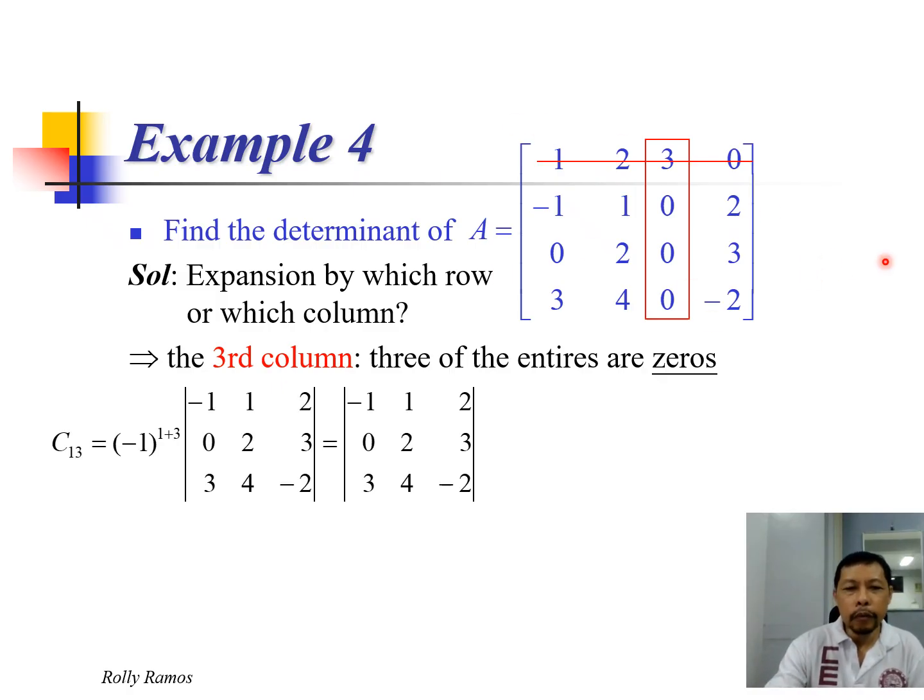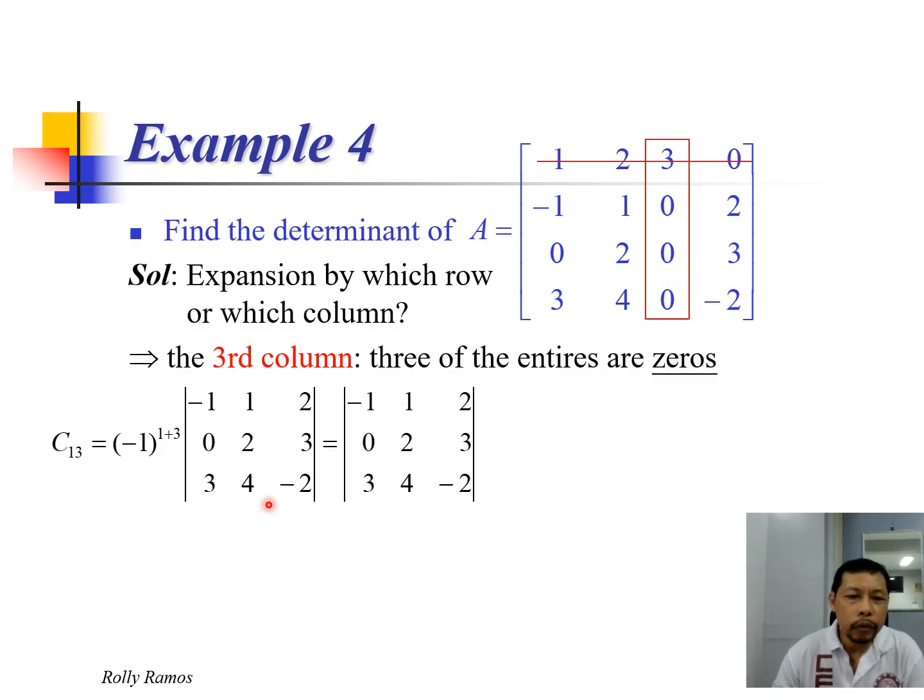So the determinant of A would be equal to this element times its cofactor. This is element A13. The cofactor C13 would be equal to negative 1 raised to 1 plus 3 times the determinant of negative 1, 1, 2, 0, 2, 3, 3, 4, negative 2, which were obtained after deleting this row and this column.